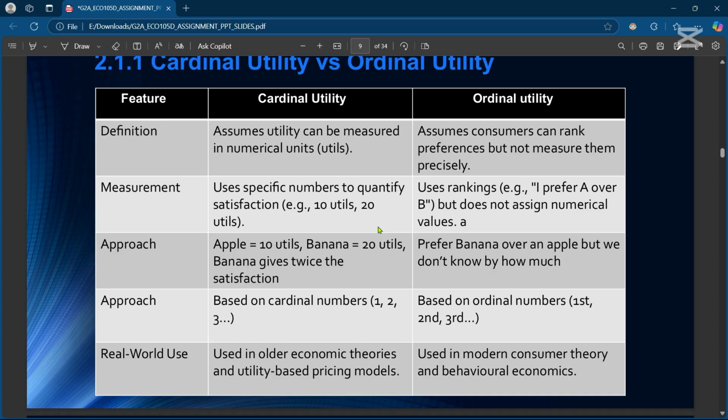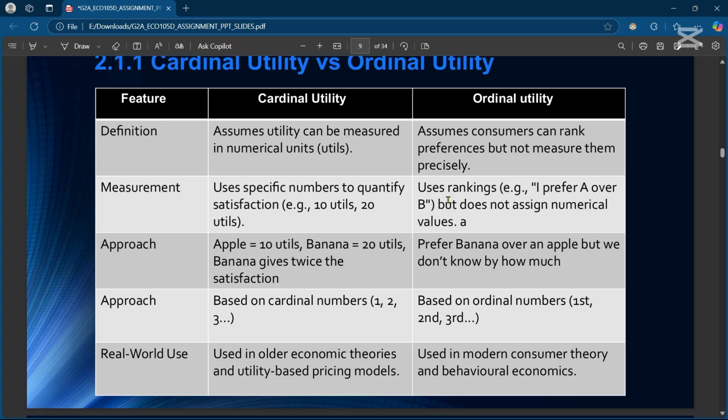In ordinal utility, we assume the consumers can rank preferences but not measure them precisely. For example, I prefer tea over coffee. I'm not giving coffee a numerical value or tea a numerical value, but I can compare between them.